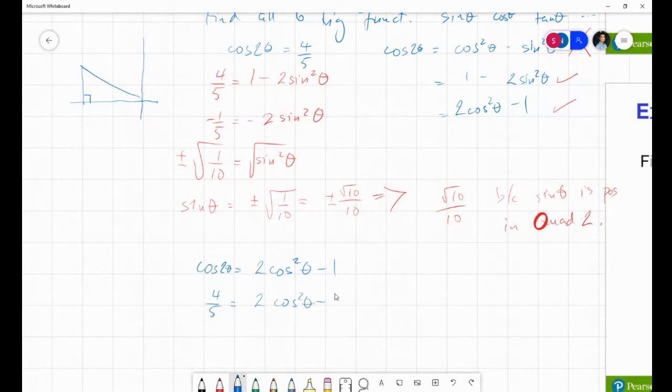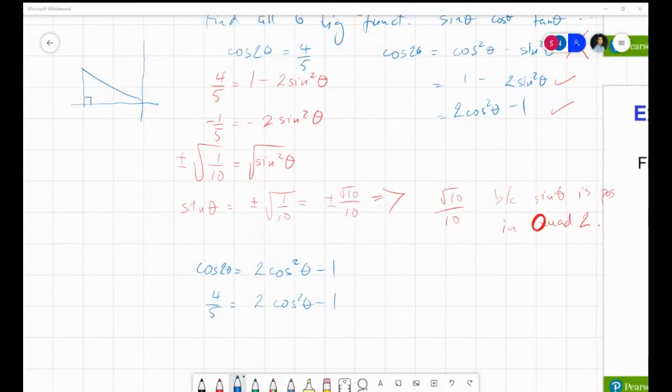And now go ahead and solve for cosine. Raise your hand when you're done. And then when you finish, find tangent.